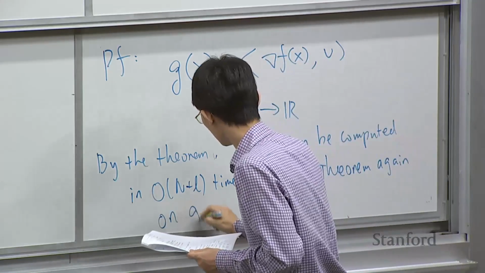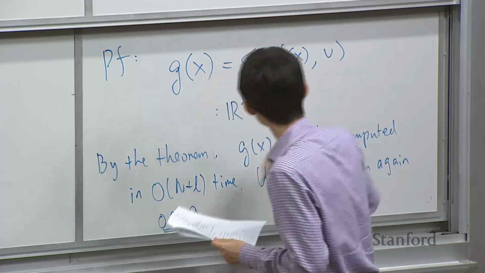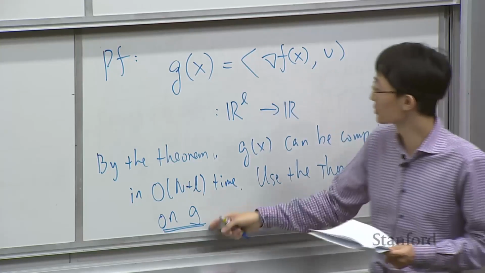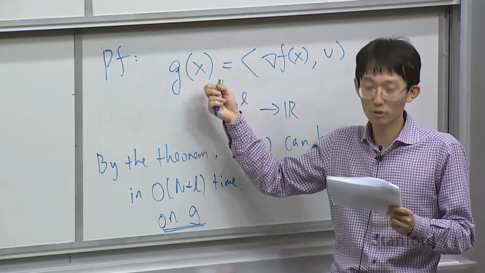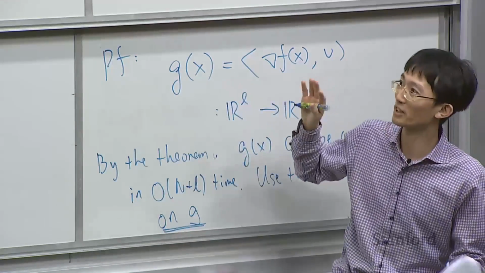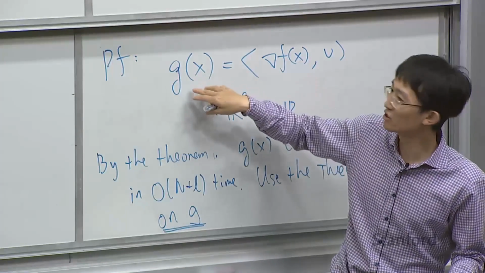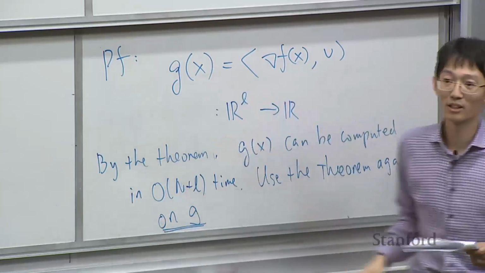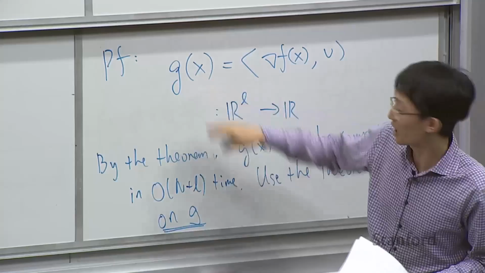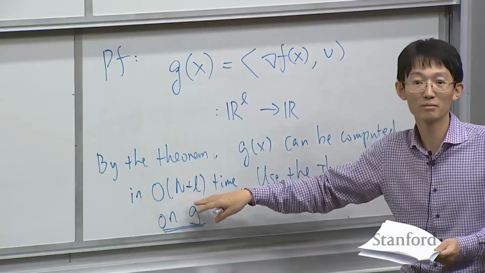On G. Before, you used the theorem on F and said that nabla F can be computed. Now you're going to use the theorem on G. So you view G as the new F, so this G will be the F in the theorem. Then you verify whether G satisfies the condition. That's true because G can be computed in O of n plus L time.